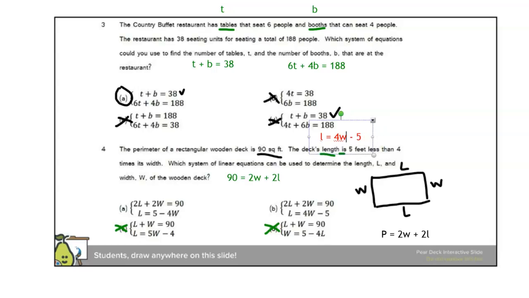Okay? 4w minus 5. 5 feet less, that's minus 5. 4 times its width, 4w. So there's our second equation. Let's look for the one that says L equals 4w minus 5. Look at that. Seems like we found our answer. Perfect. Moving on up.